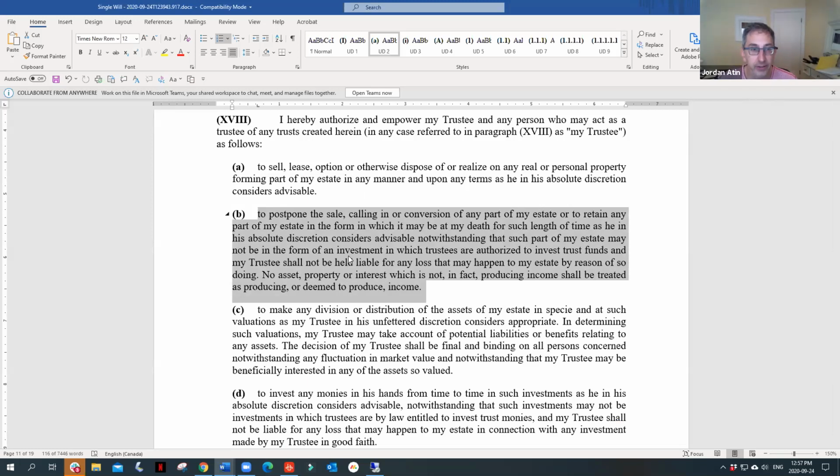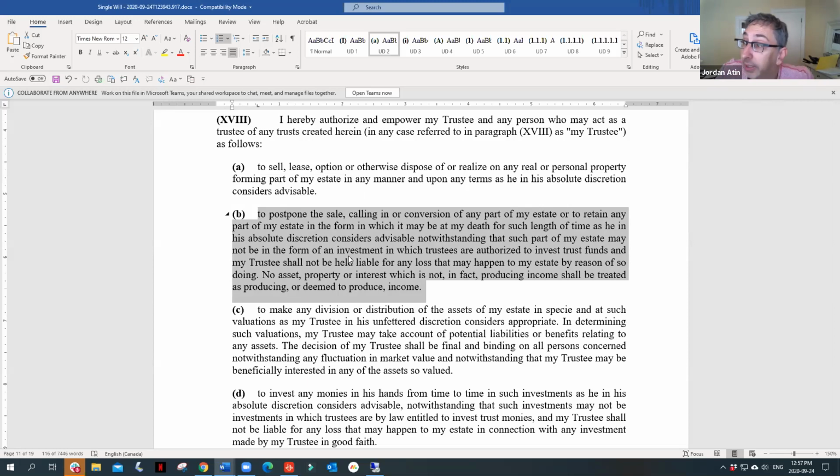Nothing in here says, even if I said you can steal all the money, that's probably not going to protect them. In this case, it's just to protect them. They still have the duty to administer the estate as quickly as possible. This doesn't say hold it in trust for somebody.